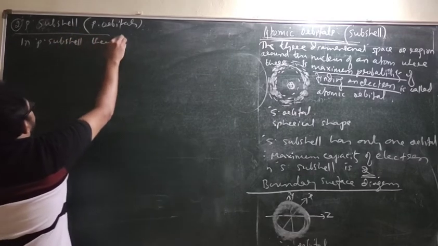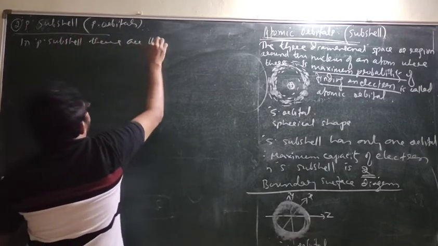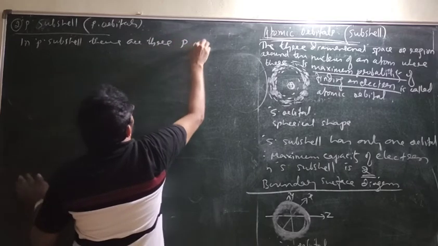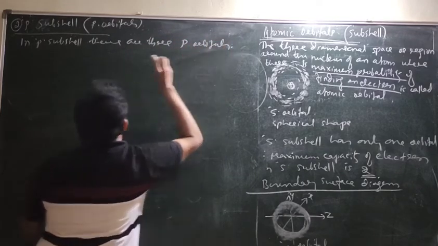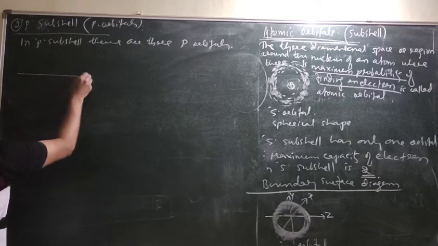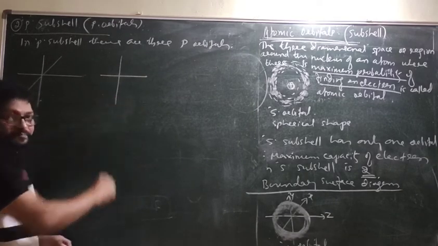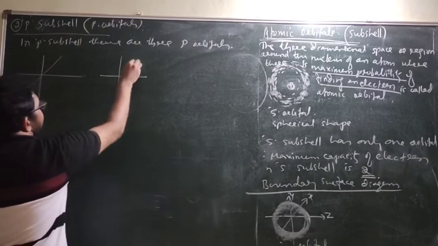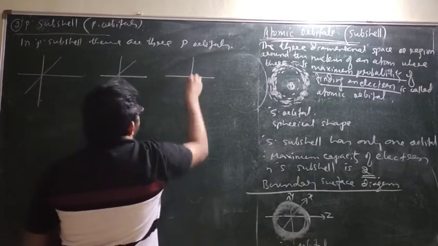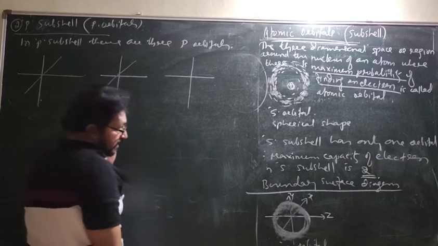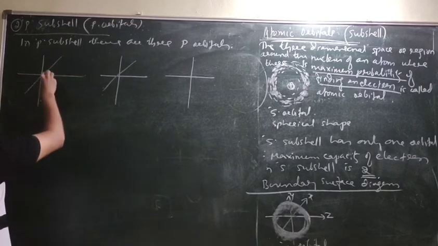There are 3 p orbitals. They are like this: Px, Py, Pz. This is Px.